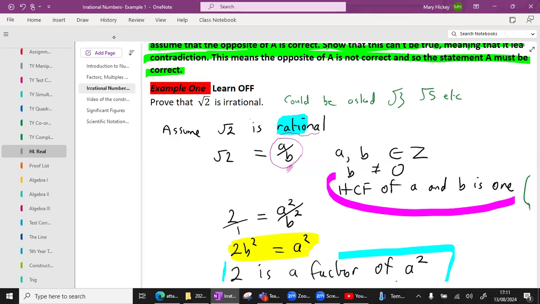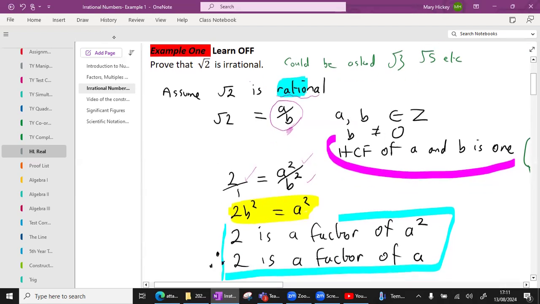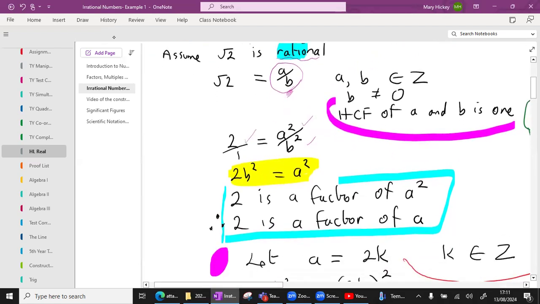Now, what do I do? Well, to get rid of a square root, I square both sides. So when I square the root of 2, I get 2. When I square a, I get a squared. And when I square b, I get b squared. So now I have 2 over 1, and when I cross multiply, I get 2b squared is equal to a squared. Now, that sentence highlighted in yellow tells us that 2 is a factor of a squared. How do I know that?